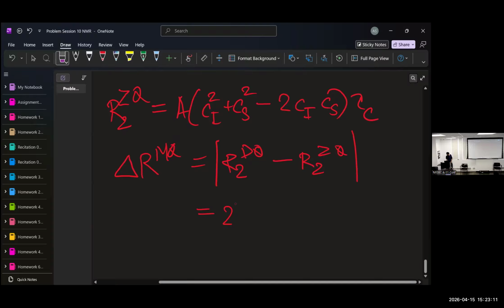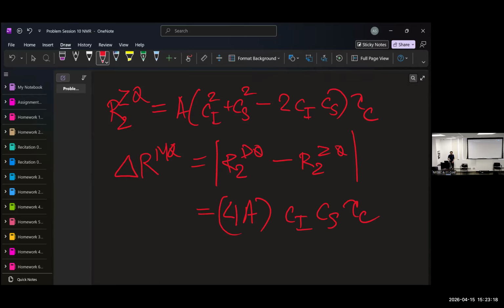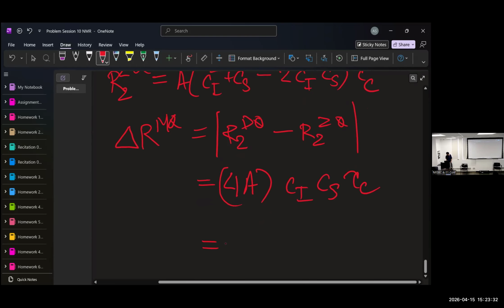And that in this notation will turn out to be something like 4A, whatever this constant is, CiCs times tau c. And you can also write that as eta. Eta is also a common symbol for the cross-correlated relaxation of two interaction terms with each other.